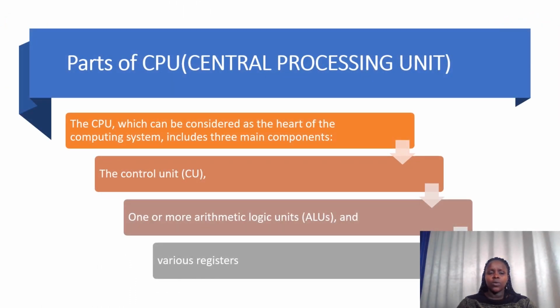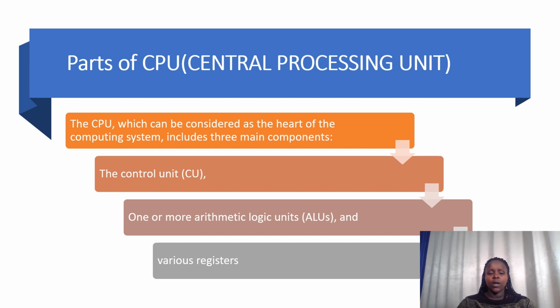Now let us look at the parts of the CPU, which stands for central processing unit. The CPU, which can be considered the heart of the computing system, includes three main components. The first one is the control unit, in short CU.